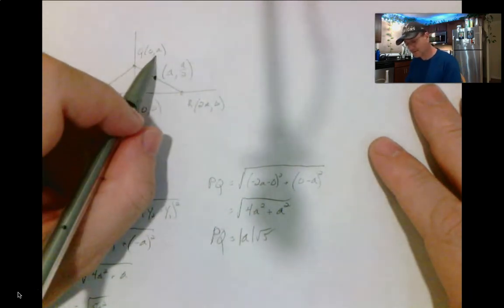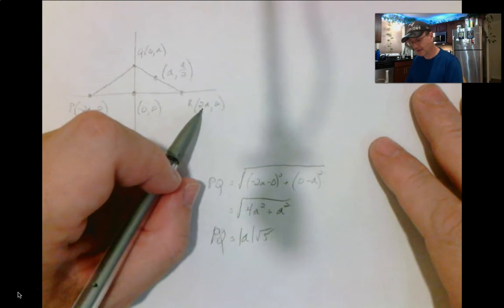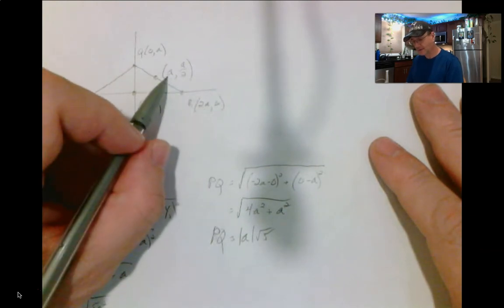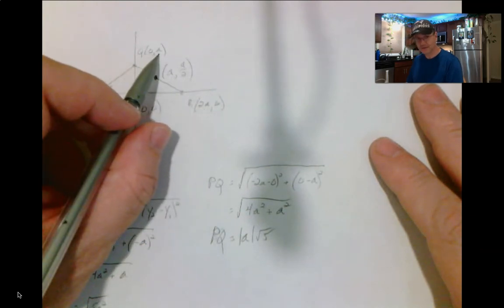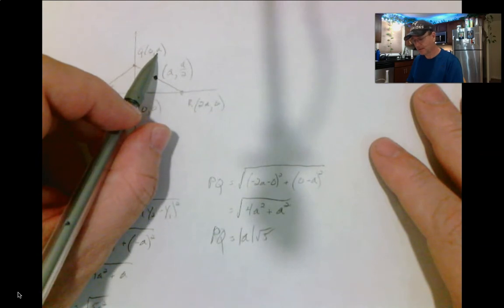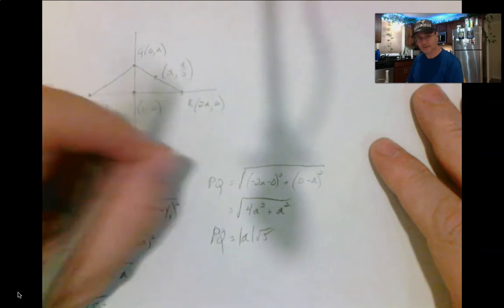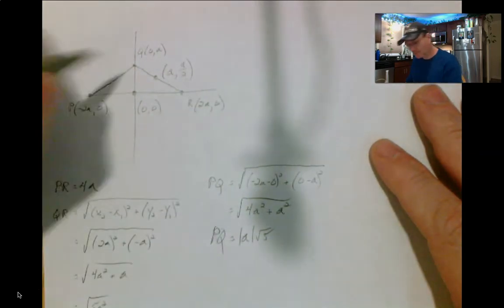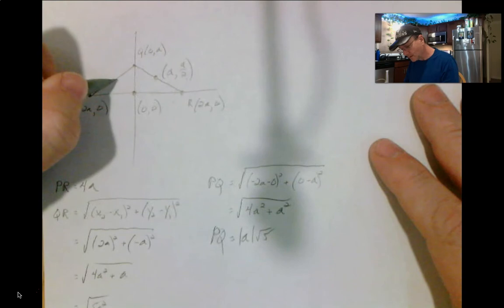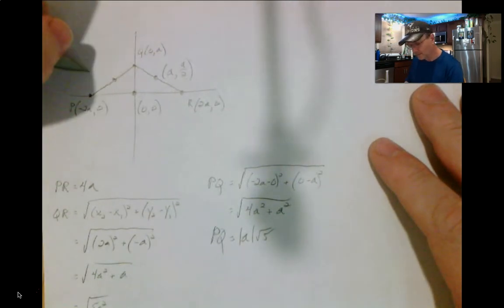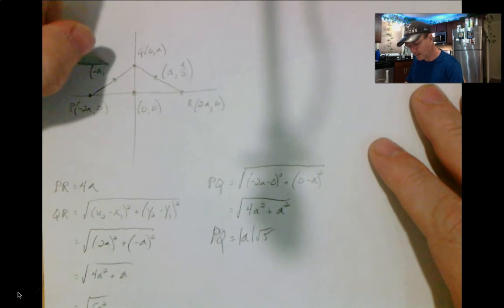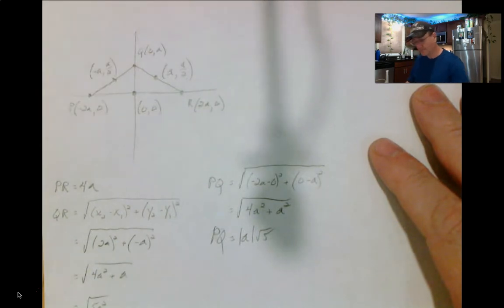And you can see the advantage of having this be a 2a made this not a fraction, and the disadvantage of this not being a 2b or something made this into a fraction. And over here, coordinates for the midpoint of PQ are going to be negative a comma a over 2.